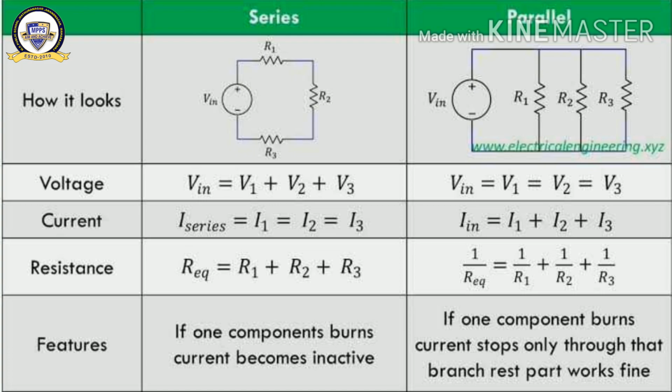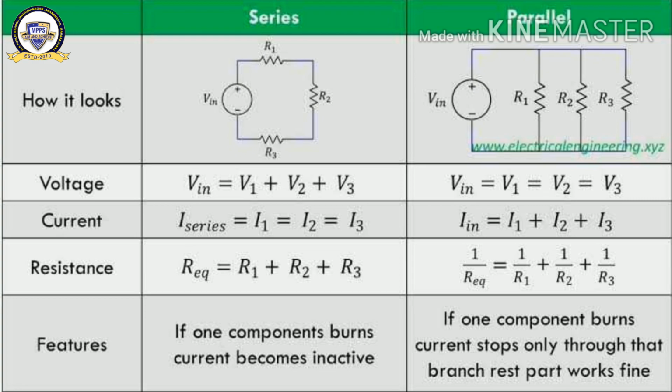Same current flows through each resistance, but potential difference distributes in the ratio of their resistances, that is, the potential difference is directly proportional to the resistance. So the total potential drop is equal to the sum of potential applied across the combination. Means the equivalent resistance, denoted by Req, is equal to R1 plus R2 plus R3 plus R4 and so on.